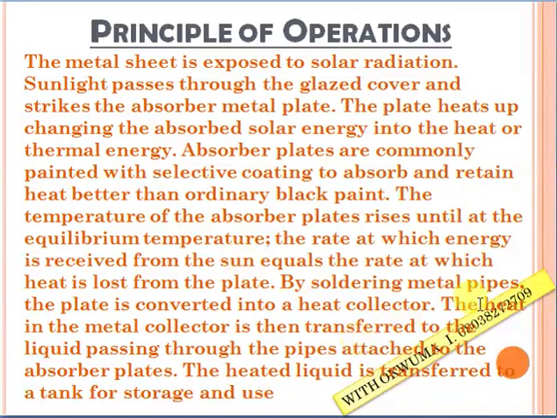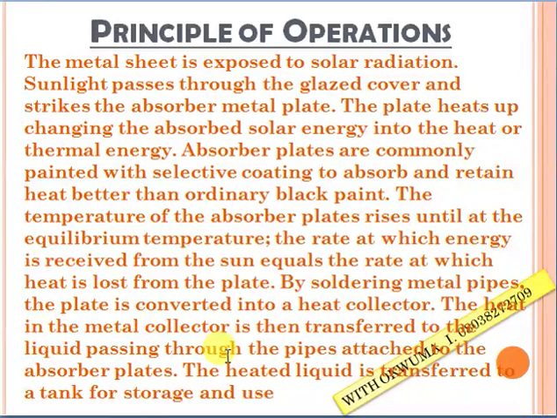Now by soldering metal pipes, the plate is converted into a heat collector. So you now solder the metal pipes we have seen there, the channel through which water passes. So by soldering the metal pipe, the plate is converted into what? A heat collector.